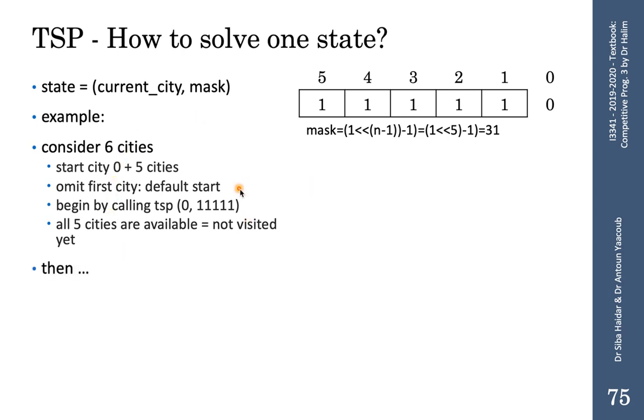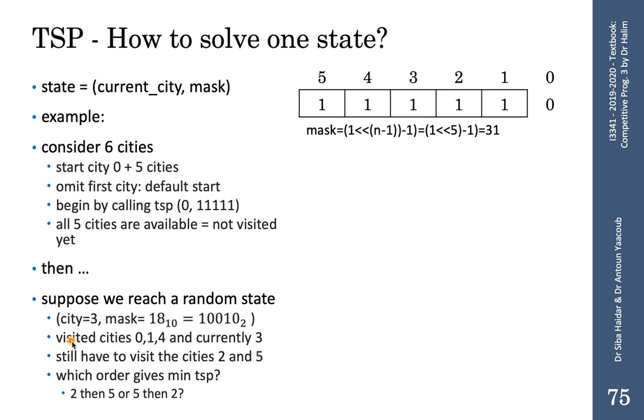Then let's now understand how we proceed in order to know which cities are still available in a general case. Suppose we reach a random state. I chose this random state. Suppose we are currently visiting the city 3 and the mask is now 18 in decimal, which is 10010 in binary, in base 2.